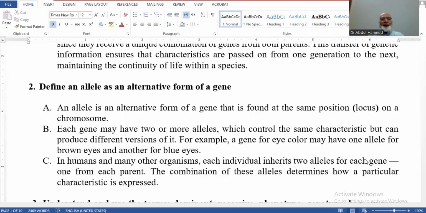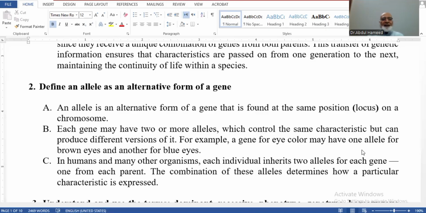But in diploid organisms, even if for a particular gene there are more than two alleles, only two alleles can be present at a particular time, meaning simultaneously in one individual. For example, a gene for eye color may have one allele for brown eyes and another for blue eyes, if we talk about only eye color.